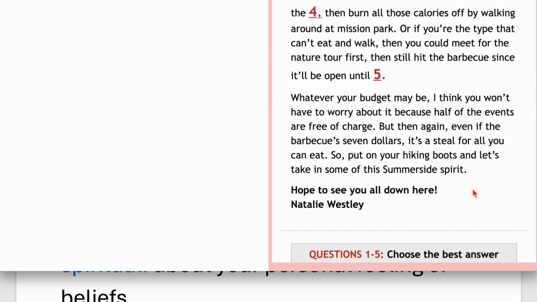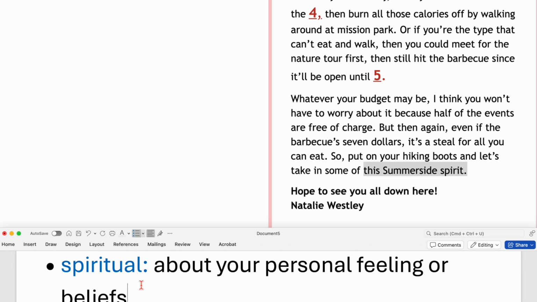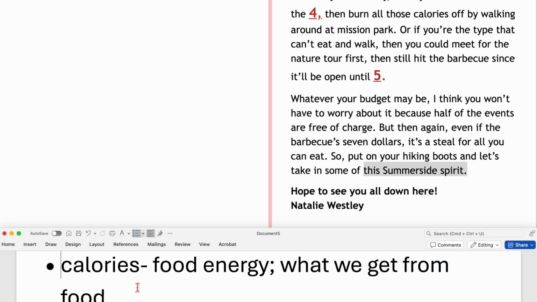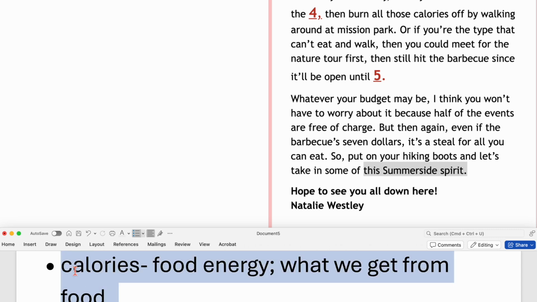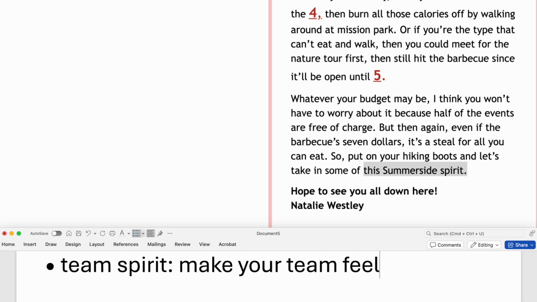Now I know why this answer is here, because of this expression. Take in some of this summerside spirit. So when we say spirit here, it doesn't mean spiritual. Spiritual is about that, but if we say the other case, what we mean here, for example, team spirit. Team spirit. Make your team feel positive or great.